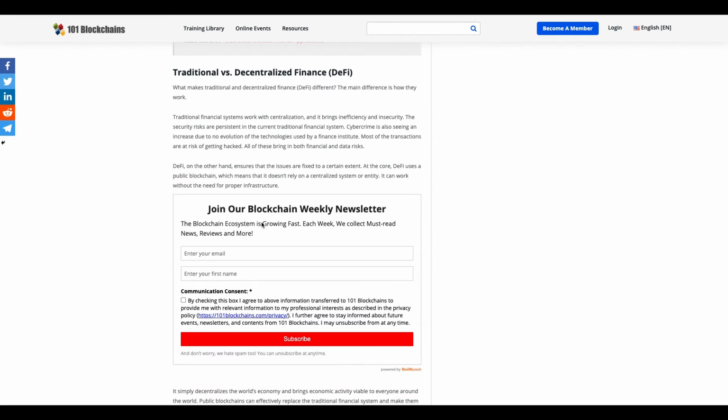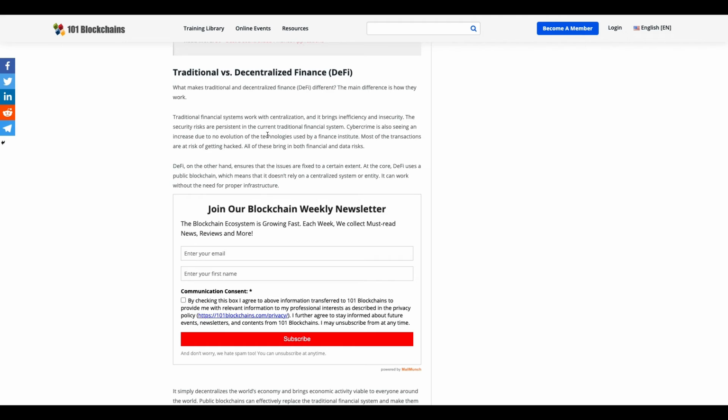Now we get to the part of this article where it differentiates between centralized and decentralized finance. The finance that we know, banks, they work with centralization: less efficient, less security, security risk.